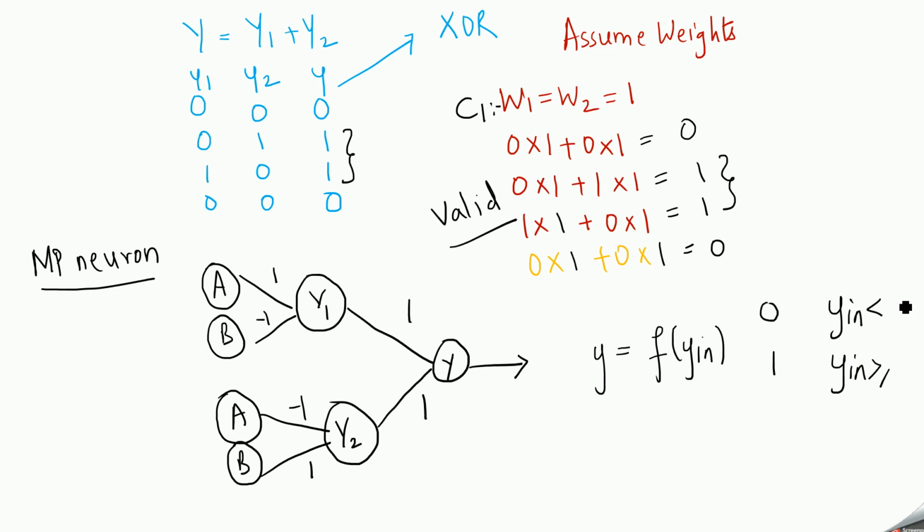So what is the value of theta basically? Here it is 1, and if it is greater than or equal to 1. So here the value of theta is equal to 1, and we all know theta is nothing but the threshold.